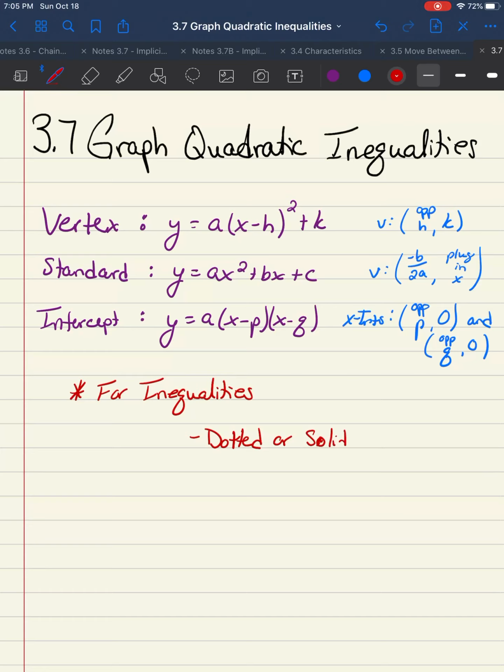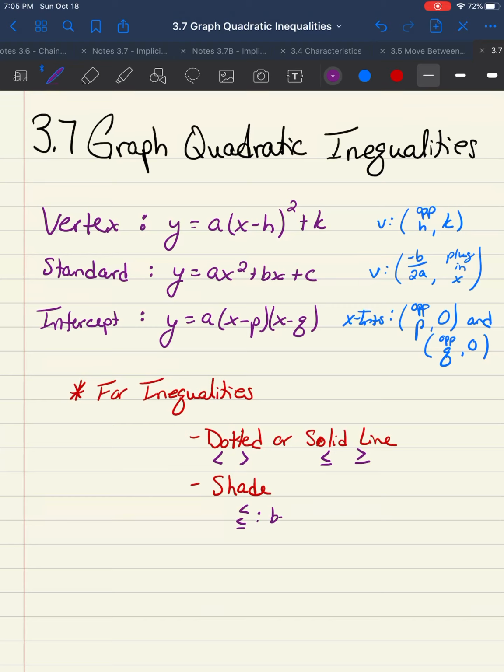So we have to remember something about inequalities. For inequalities, we had to decide what type of line. Did we do a dotted or a solid line? And we had to shade.